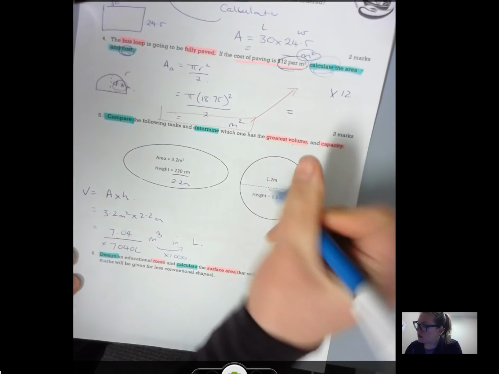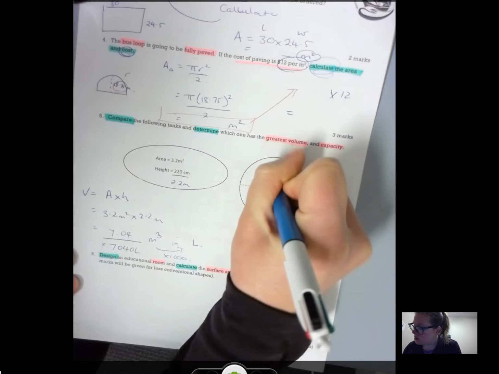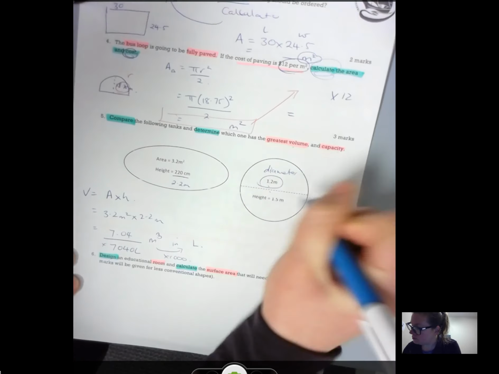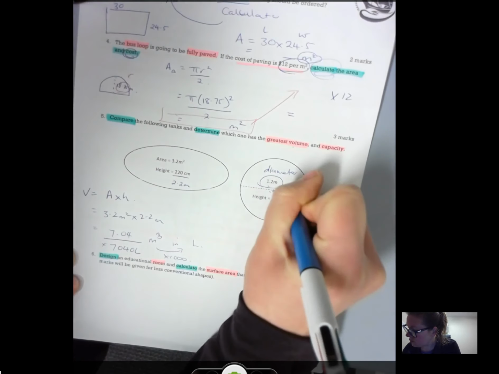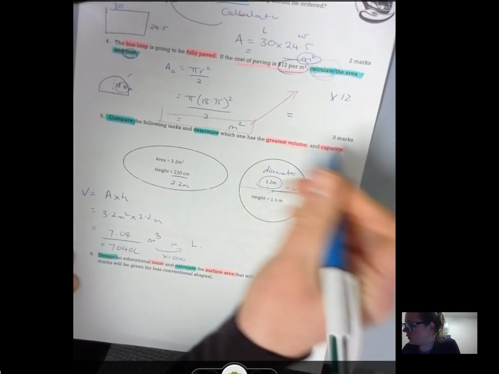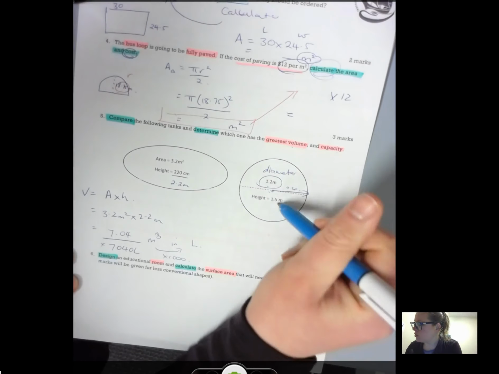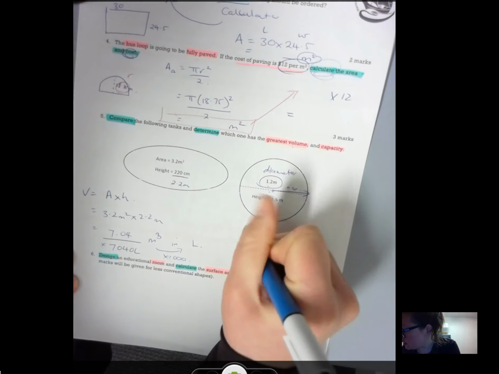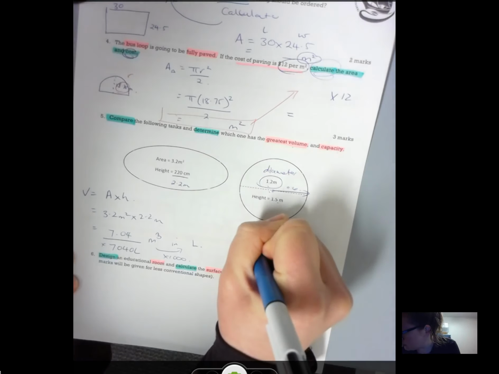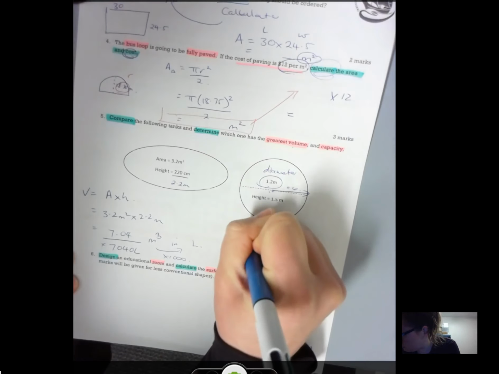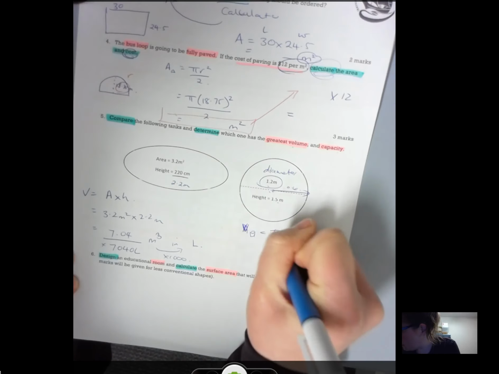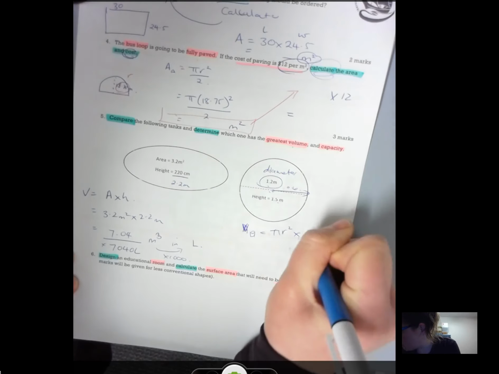This one here, this is your diameter, so you need to half it to get your radius. You find the area of the circle, multiply it by the height. So your volume of a cylinder is going to be pi r squared times height.